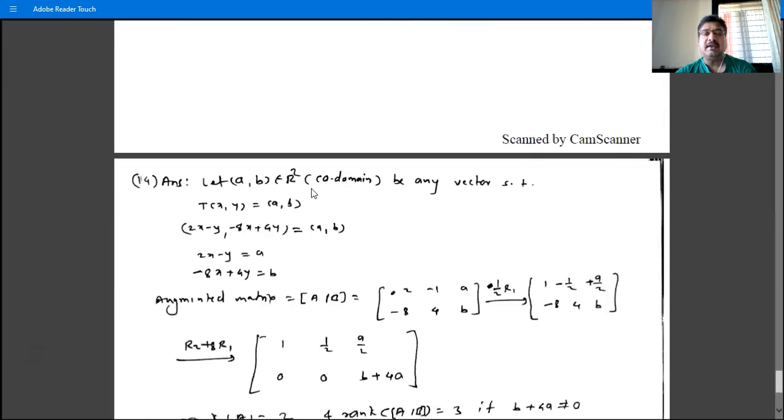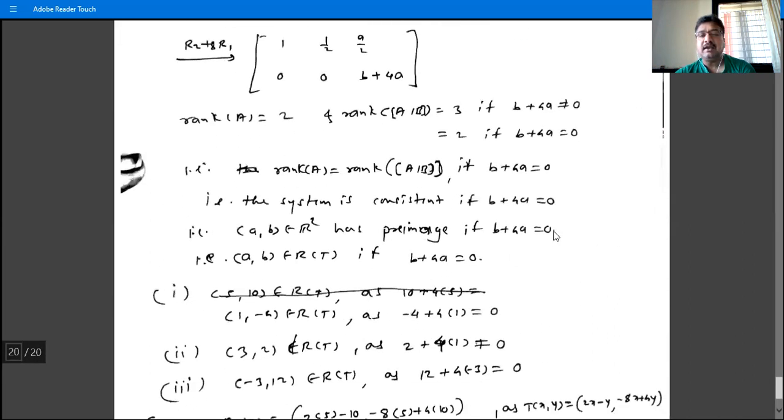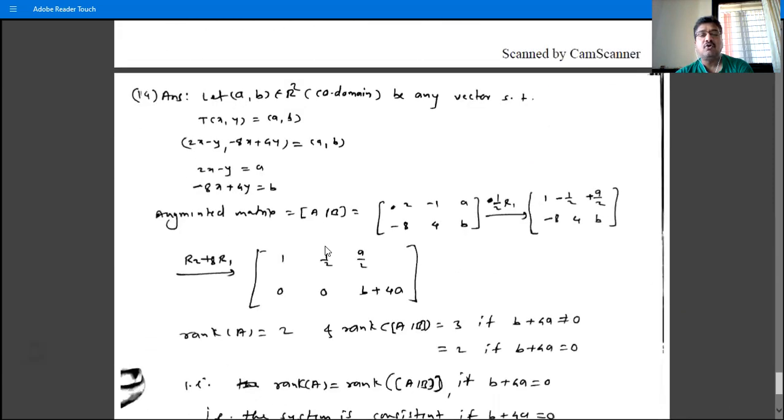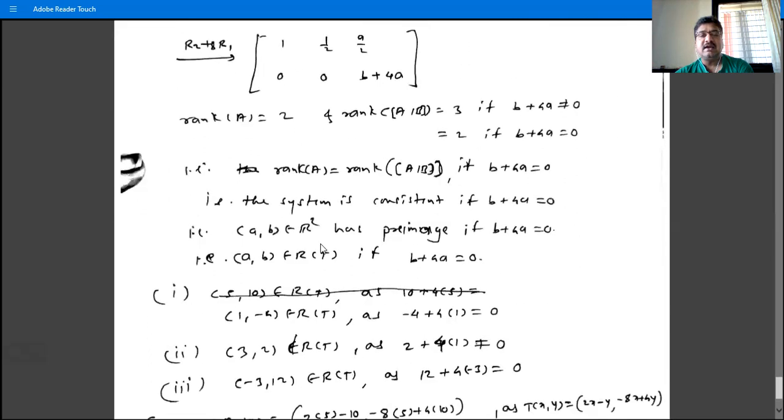This arbitrary element of the codomain has a pre-image if b plus 4a is equal to 0, that is, (a, b) belongs to R(T), because any element of the codomain belongs to the range of T if it has a pre-image.